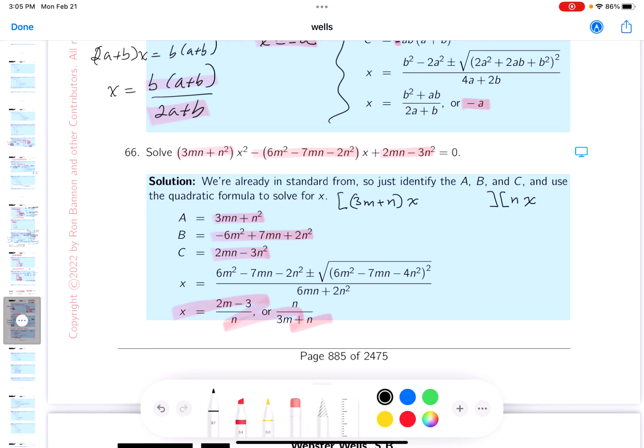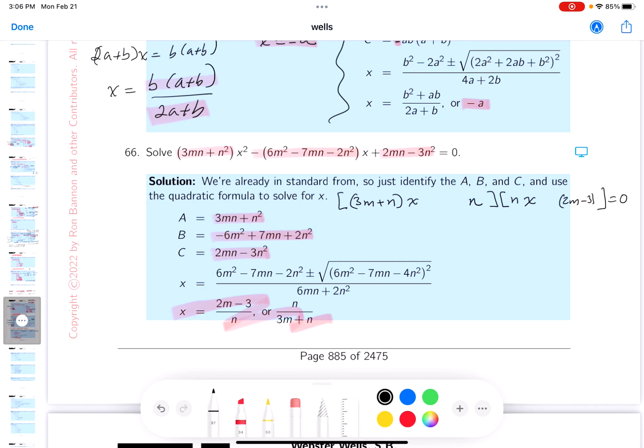Now, in the end, there's another problem I got in my hand. I'm going to see that one as n and 2m minus 3. All right, let me see if that does it. You would get 2mn.